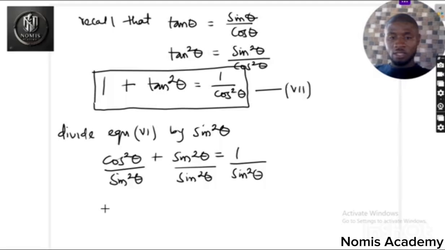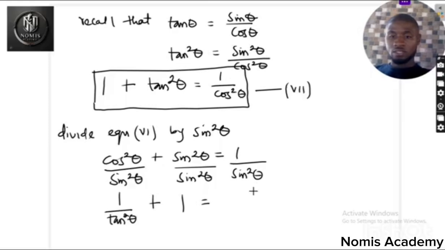Remember, tan squared theta is sin squared theta all over cos squared theta. So you can do a lot of manipulation from there. So this is 1 all over tan squared theta plus sin squared theta all over sin squared theta, that is just 1, equals 1 all over sin squared theta.